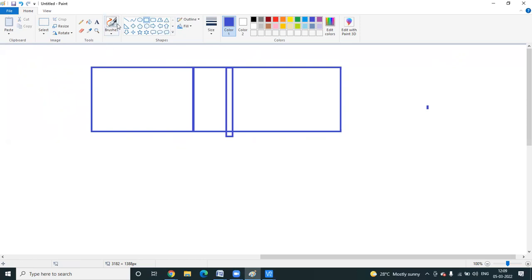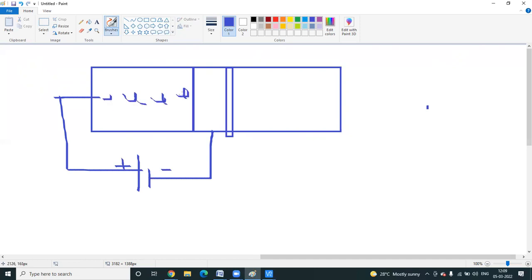So you are applying some external voltage, it will be forward biased, and more electrons will be transferred.